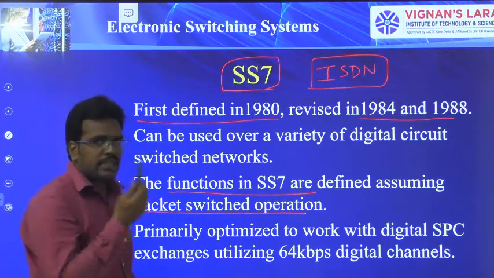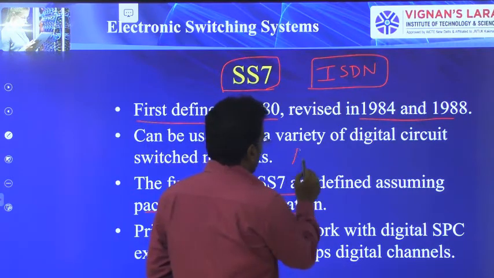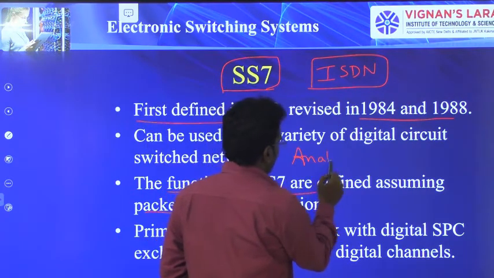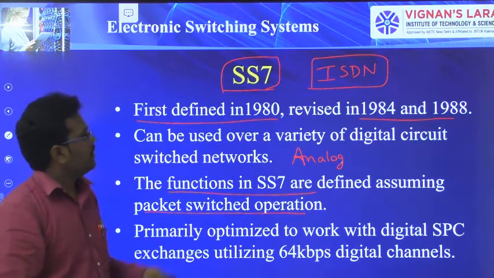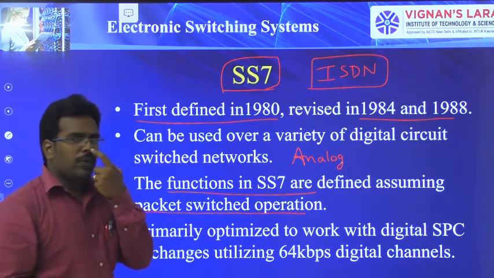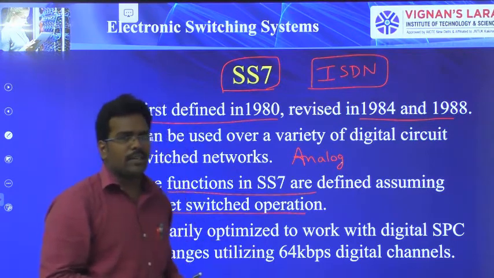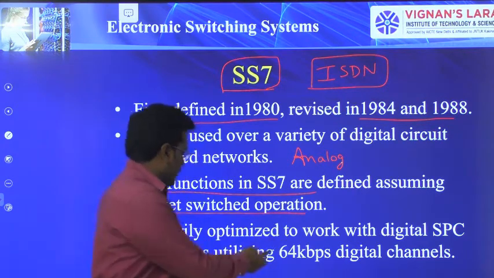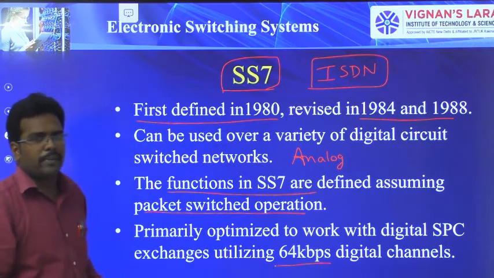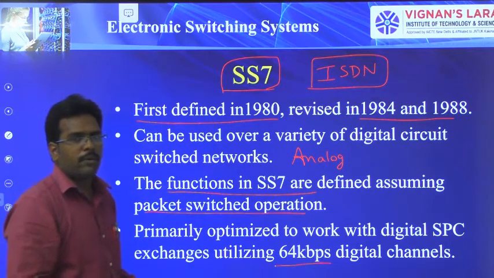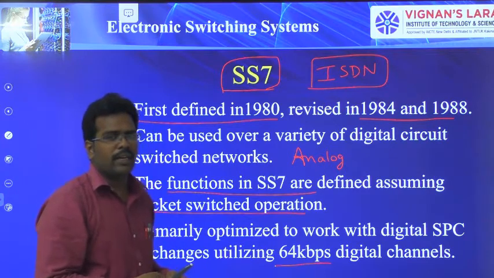In the previous case, SS7 supports both analog links and digital links. For example, if you use analog links in SS7, then it is going to have a bit rate less than 64 kbps, so it is not fully utilizing the bit rate.